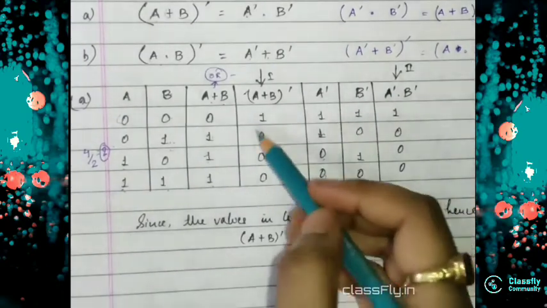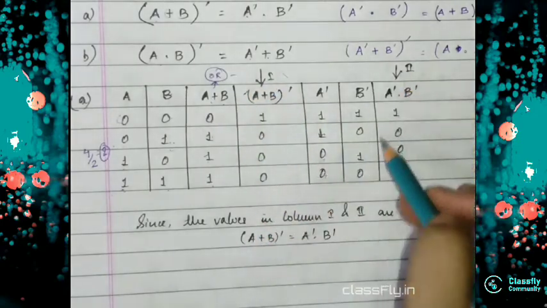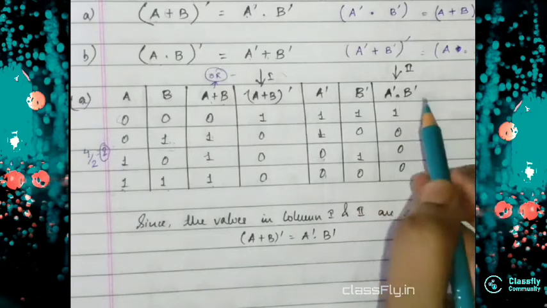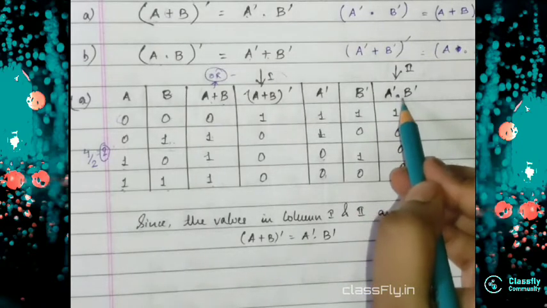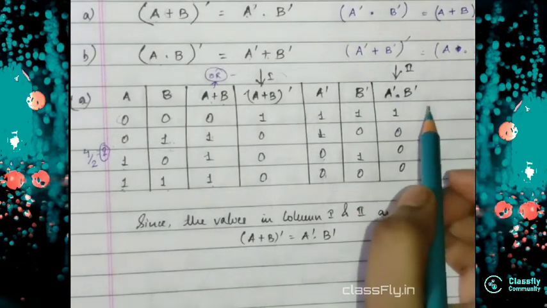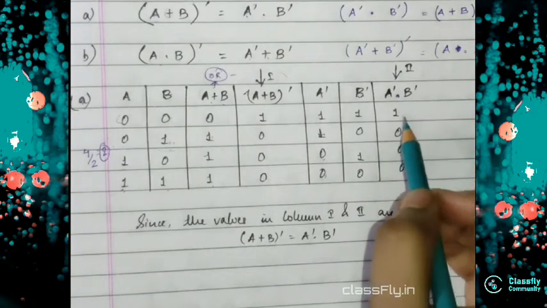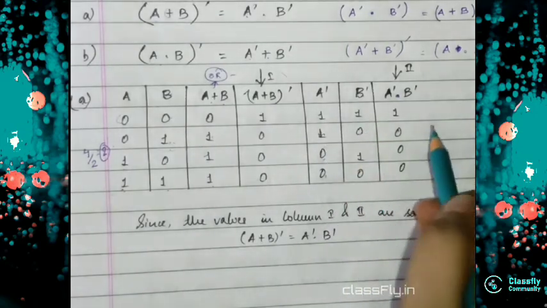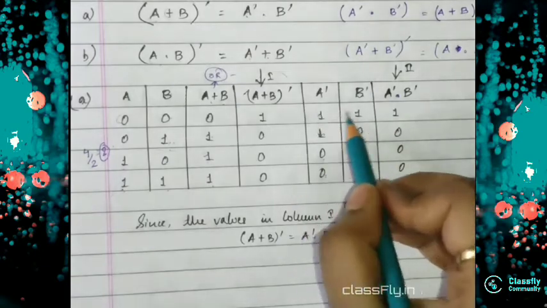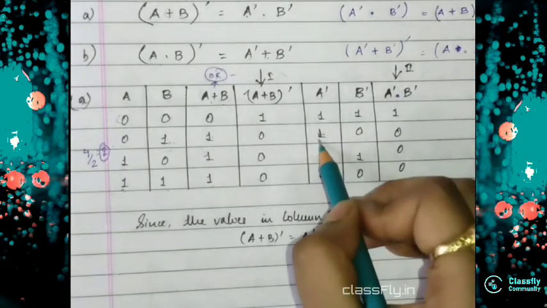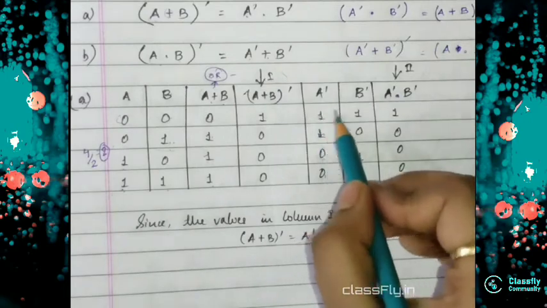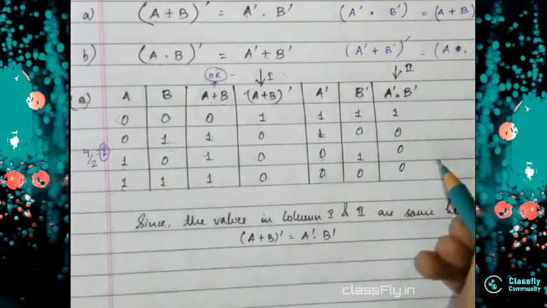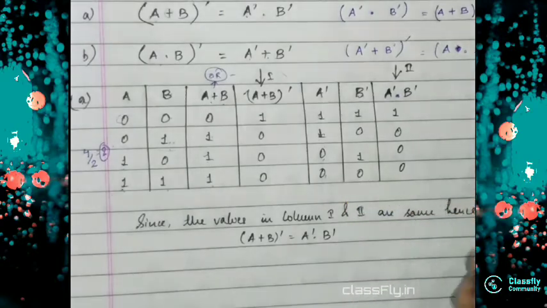Now I have to match this one with this one. So for the AND here, I know that if one of the values is 0, I will get 0. For 1 dot 1 it is 1, 1 dot 0 is 0, 0 dot 1 is 0, 0 dot 0 is 0.